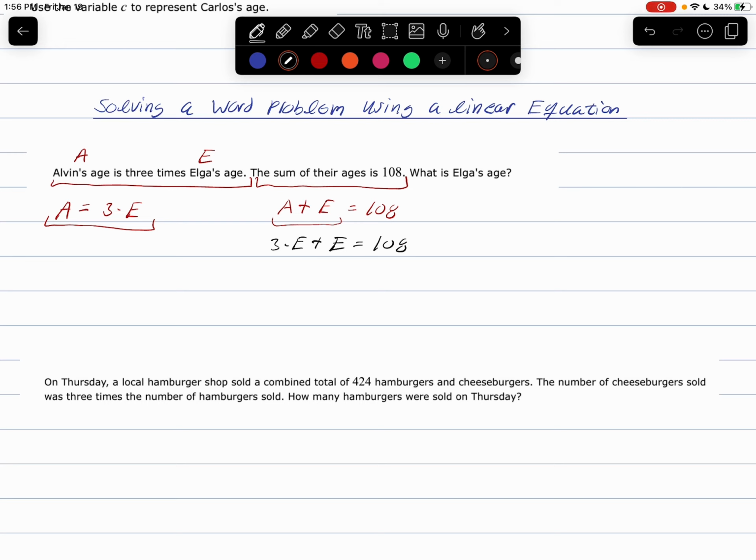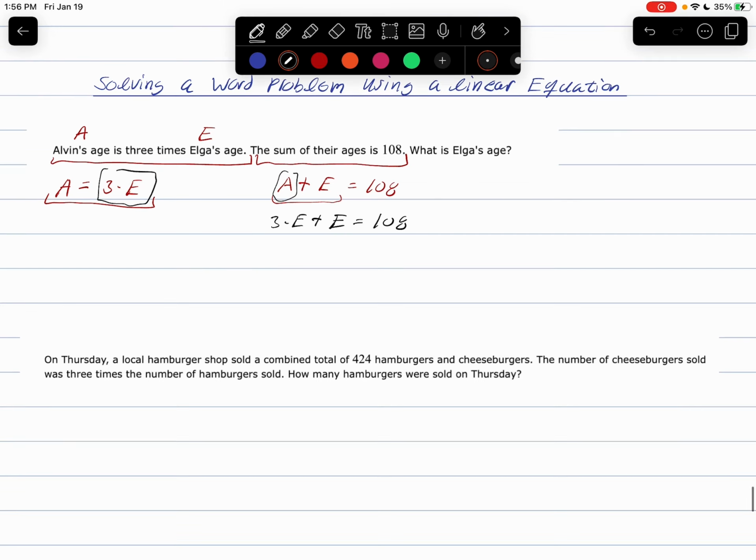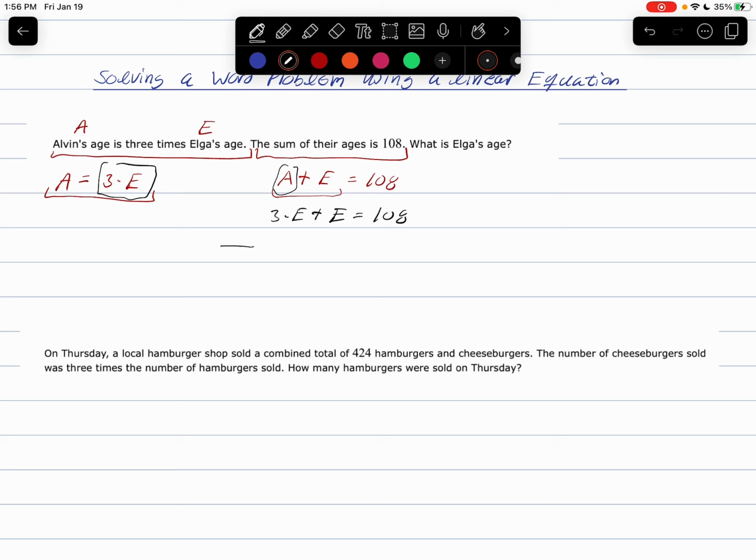That's because we're substituting in this 3 times E for this A here. Now we have 3E plus E is equal to 108, and this gives us 4E is equal to 108.